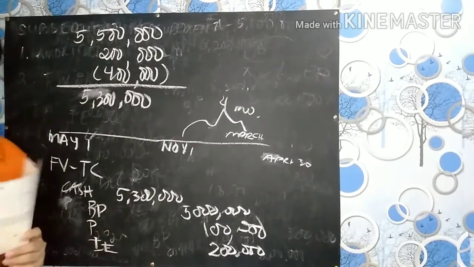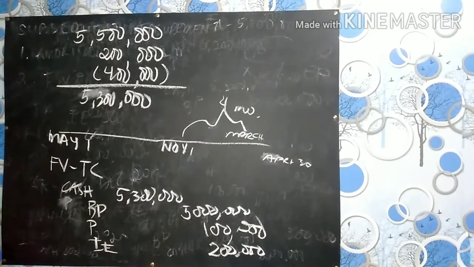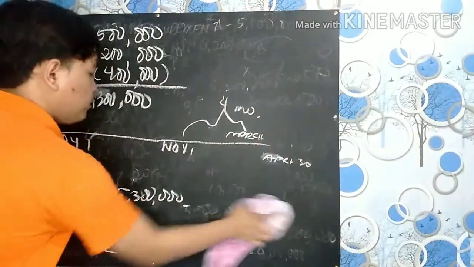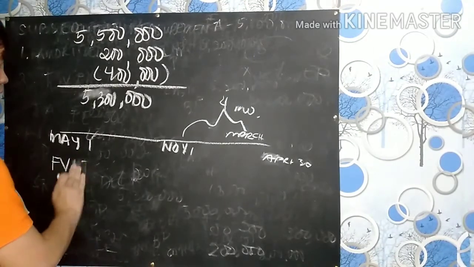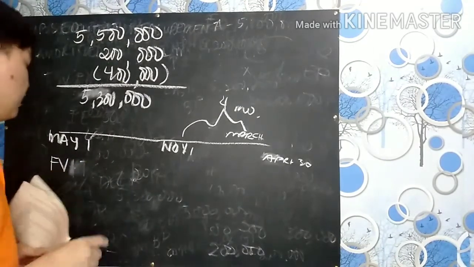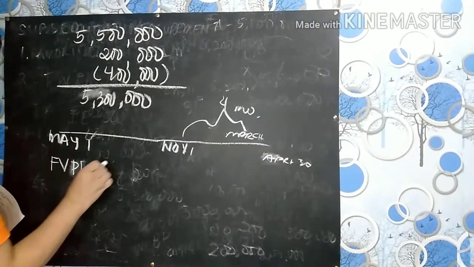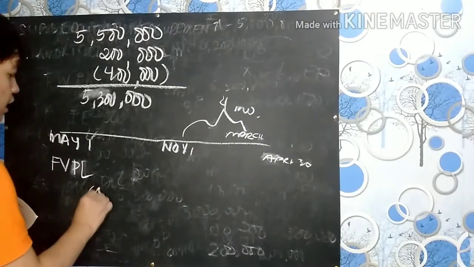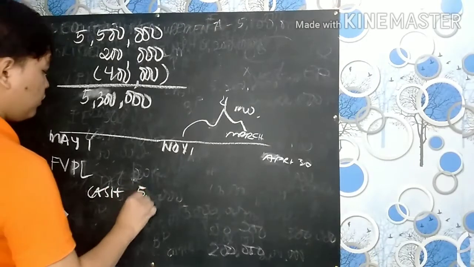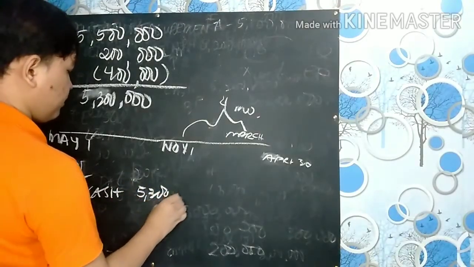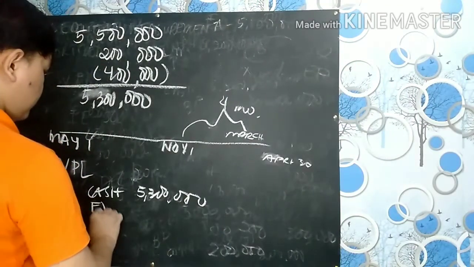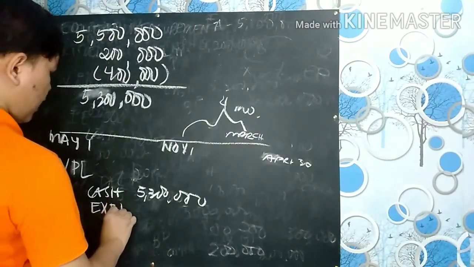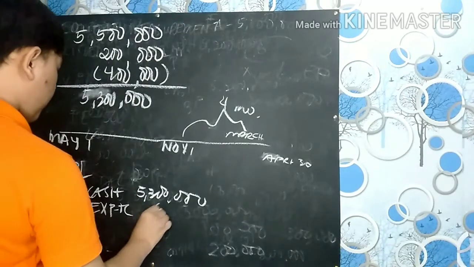Ganyan. Okay po? How about fair value through profit or loss? Sabihin natin yung initial measurement, irrevocably designated siya fair value through profit or loss. Ano yung magiging entry natin? So, debit tayo ng cash for 5,300,000. Okay? Debit tayo ng expense. Ano yan? Transaction cost yan, tama? So, 400,000.